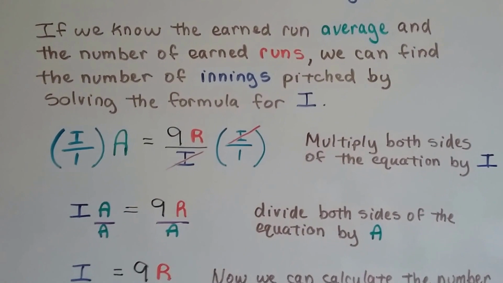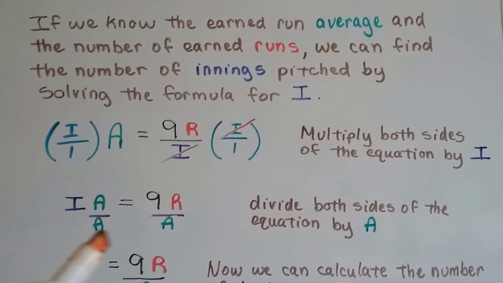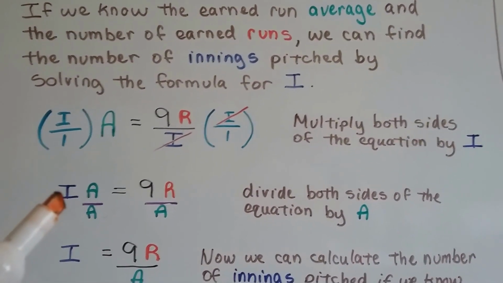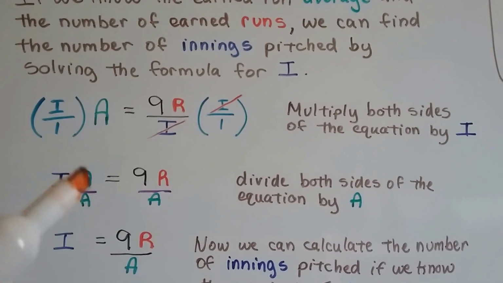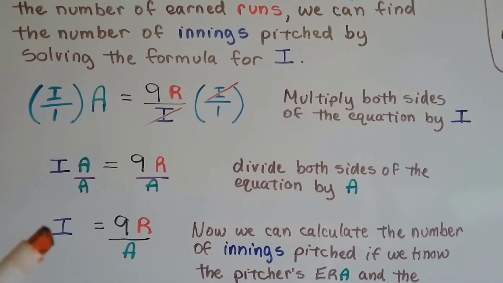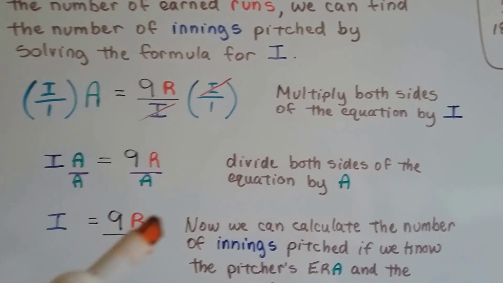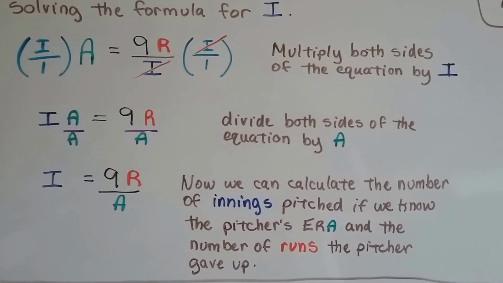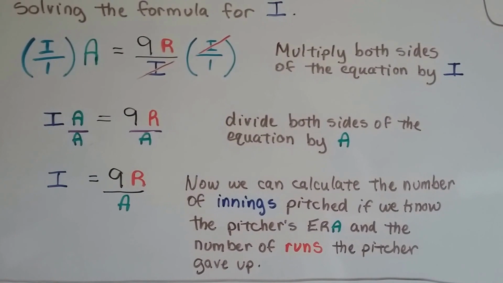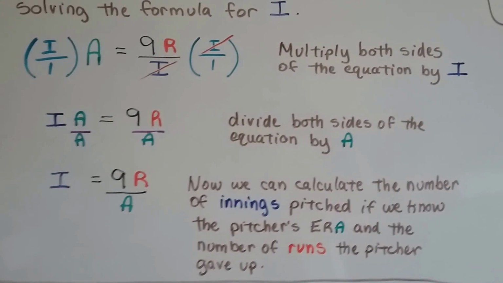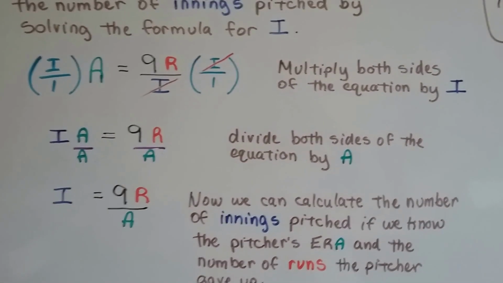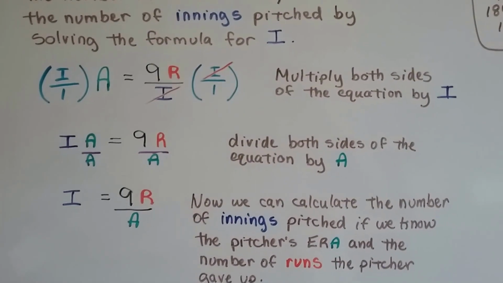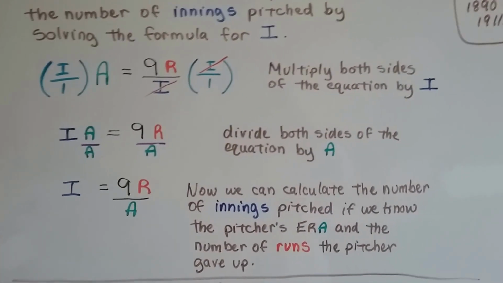Now all we have to do is divide both sides of the equation by A, and we'll isolate the I, won't we? That turns into a 1, and now we have I, the innings, equals 9 times the runs over the average, see? We can calculate the number of innings pitched if we know the pitcher's ERA and the number of runs the pitcher gave up. We just switch that formula around to fit our needs to find out what we wanted to find out.